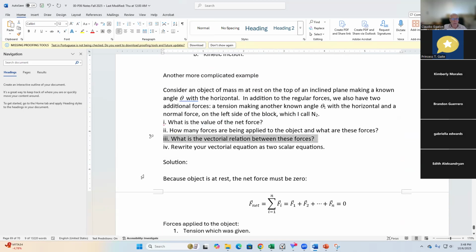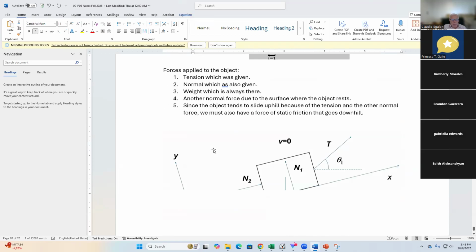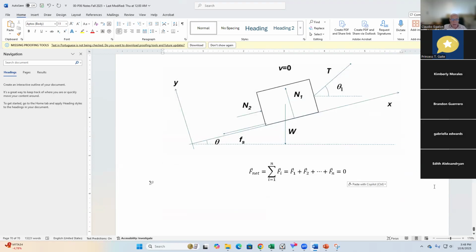What's the vectorial relation between these forces? Okay, so 5 different forces. Here you go, net force, 1 through 5.